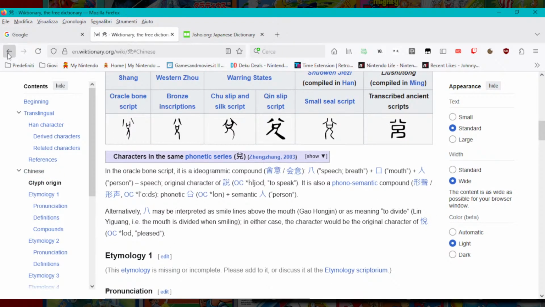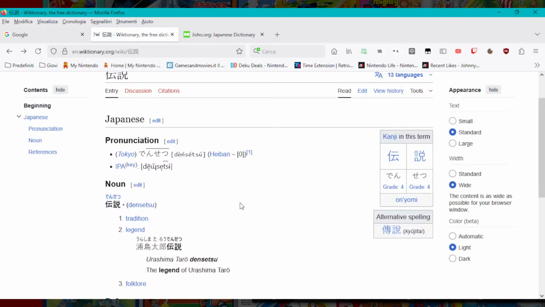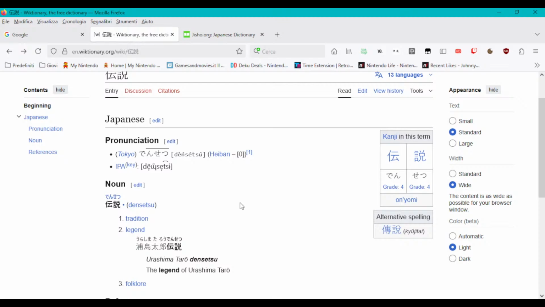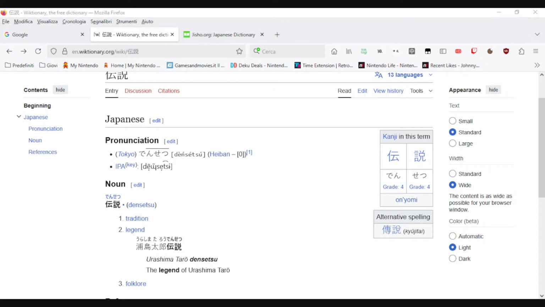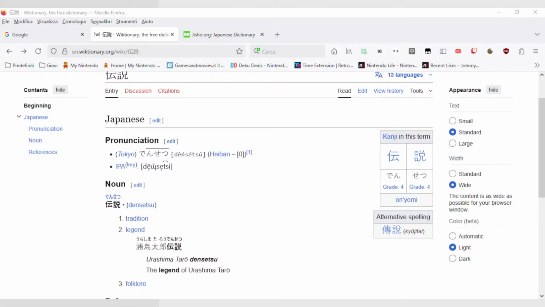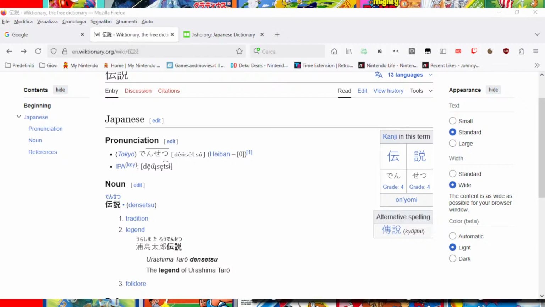So yes, this was just to introduce at least a little kanji, their kinds, and also see the word in the title for Legend, Densetsu. But again, we study kanji more in detail when they show up in games.